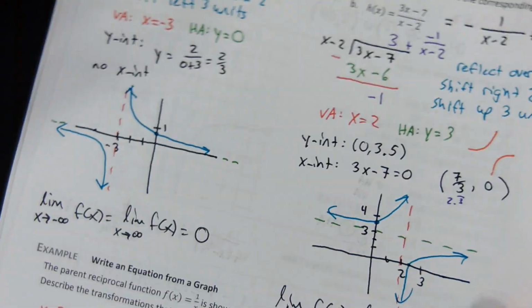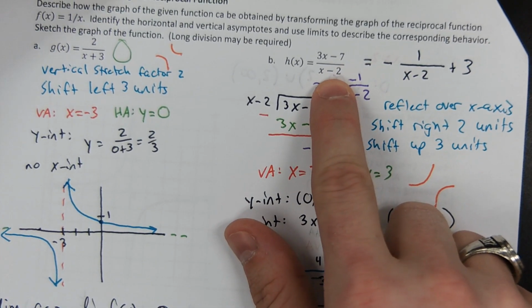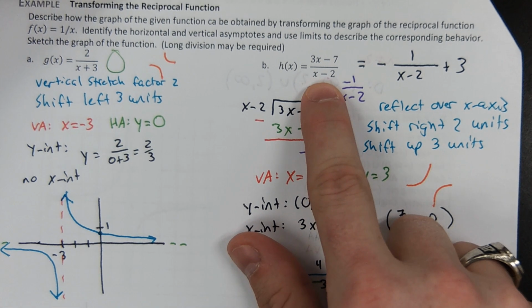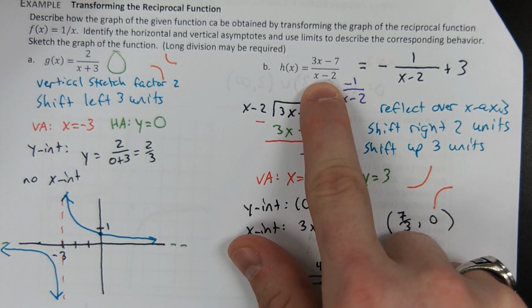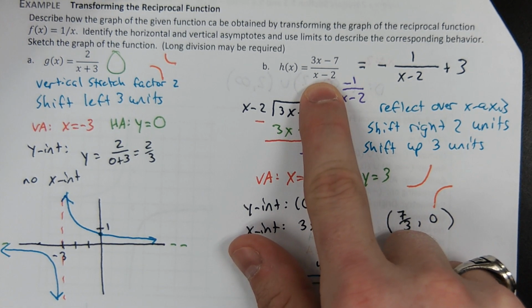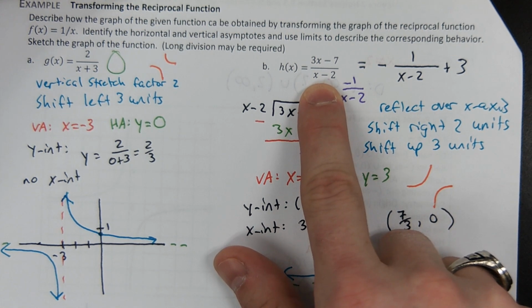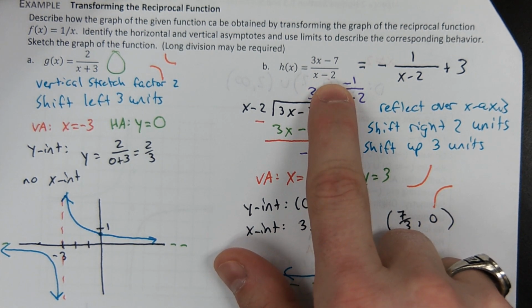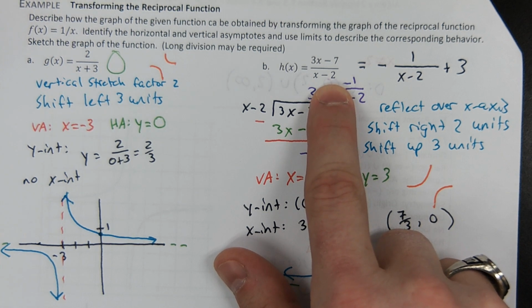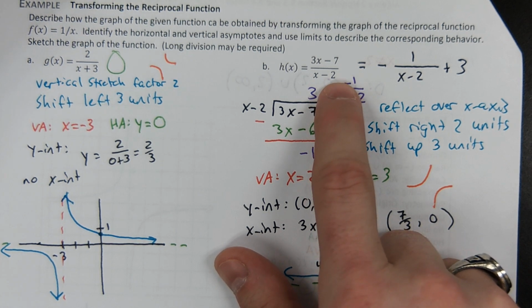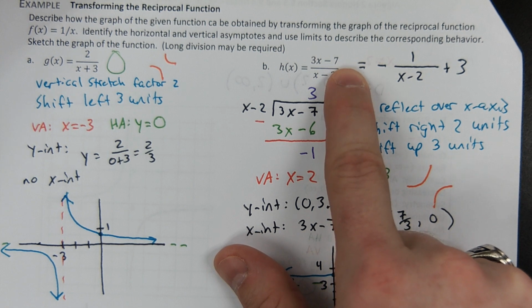For example, here, the top and bottom were both degree 1, linear over linear. As x gets remarkably big, the -2 and the -7 start to mean very, very little, don't they? If you were the richest person on the planet, would you care if you lost $2 or $7? Of course not.